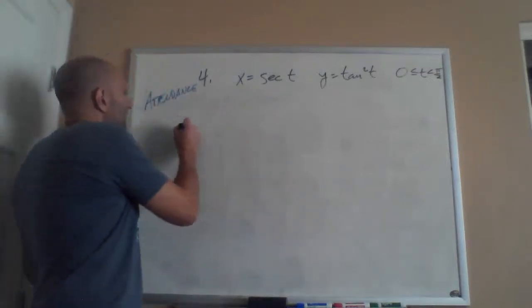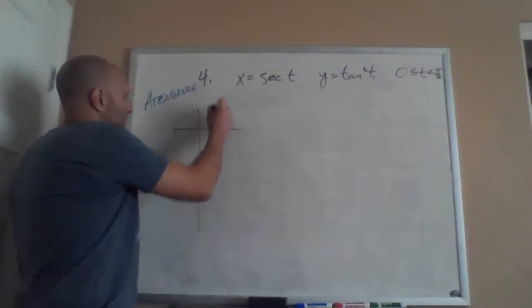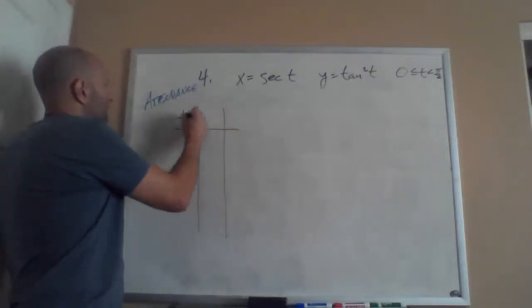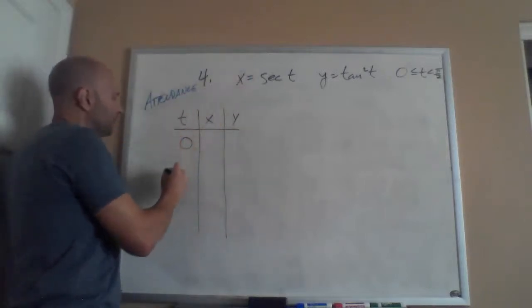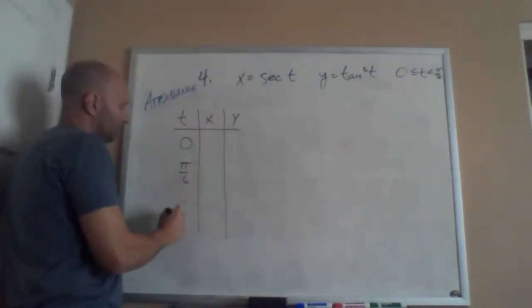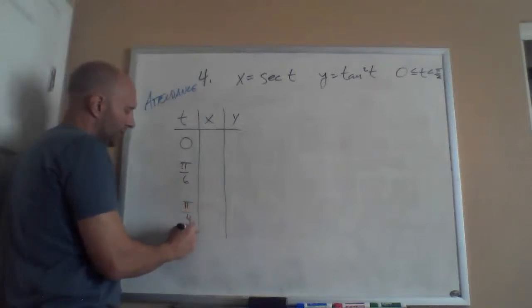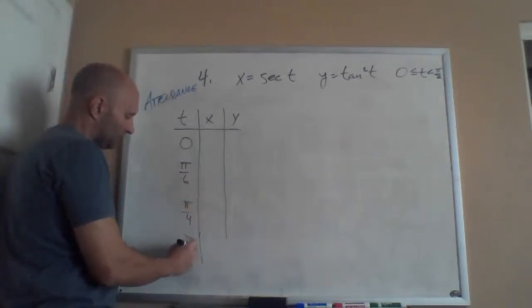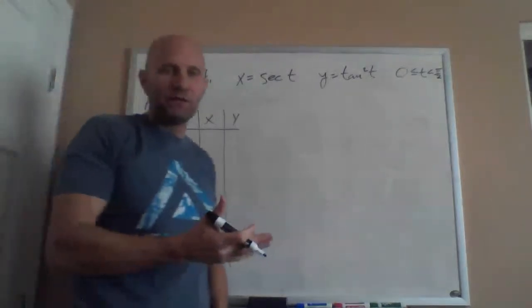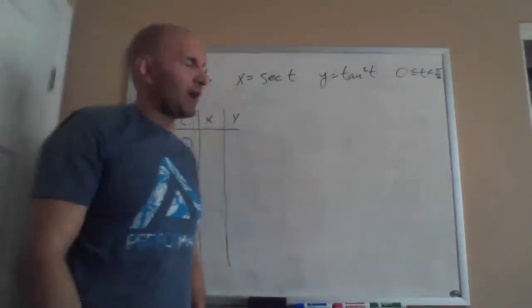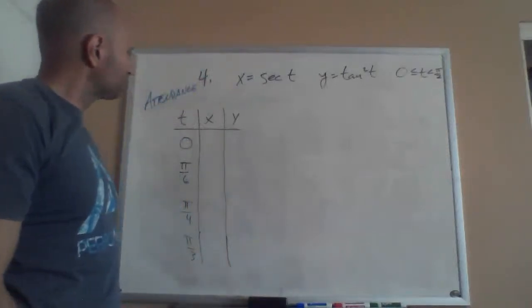I can't use all the values on the unit circle. So I'm just restricted to those values. So I'm still going to make a table with my t, x, and y, but now I'm only going to choose 0, pi over 6, pi over 4, and pi over 3. And hopefully those 4 points give me an idea of what's happening with this graph.